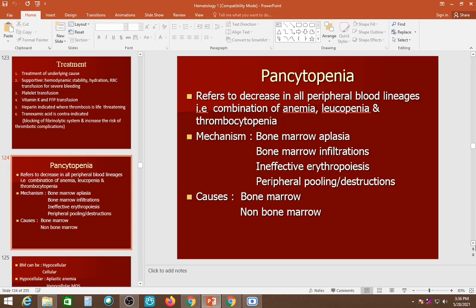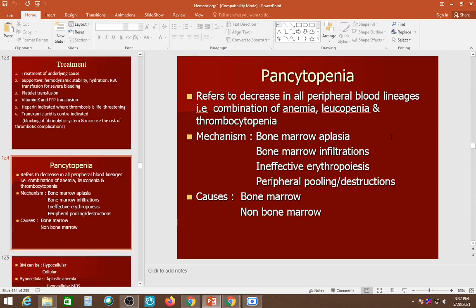So I think you're quite aware of the term pancytopenia, right? So what is pancytopenia? It refers to a decrease in all the peripheral blood lineages. That is, you'll get a combination of anemia, leukopenia, and thrombocytopenia. Okay? So all the three peripheral blood lineages will be decreased.